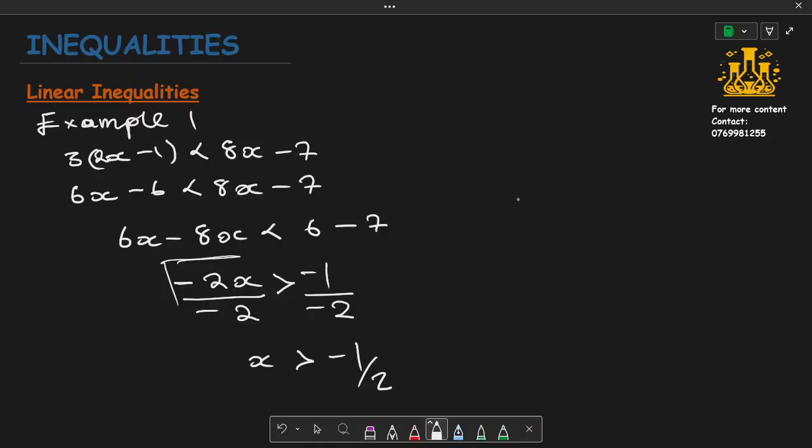Even if, for example, you had negative x, let's say is greater than 3, you find that this part has to have a positive, and since there is a negative here, you divide by negative 1, even this side by negative 1, and if you do that, you find that the sign has to change. It will have to become a less than.